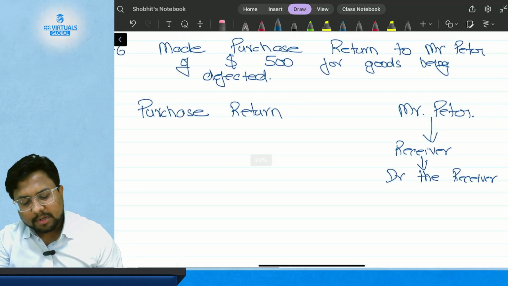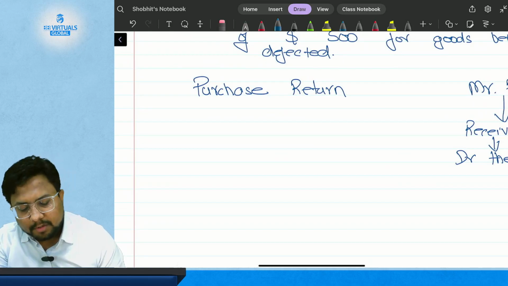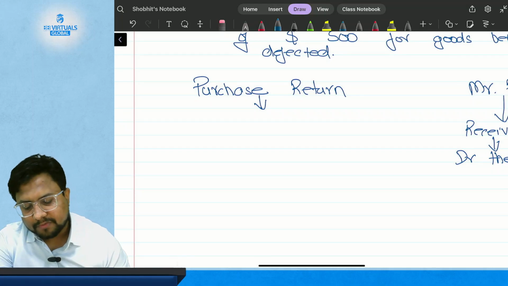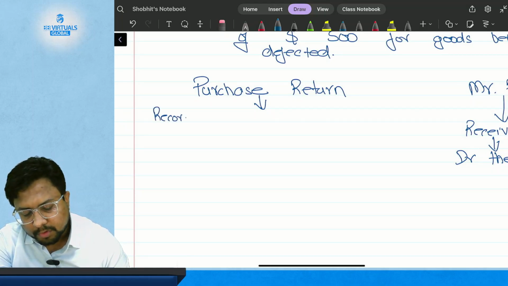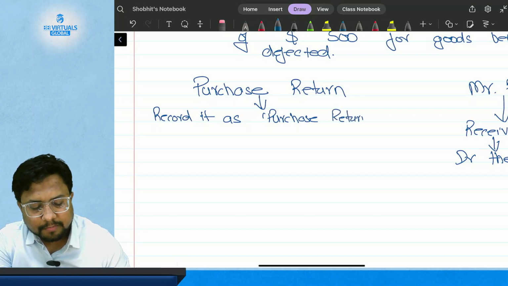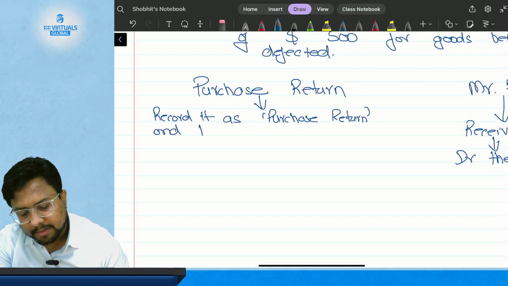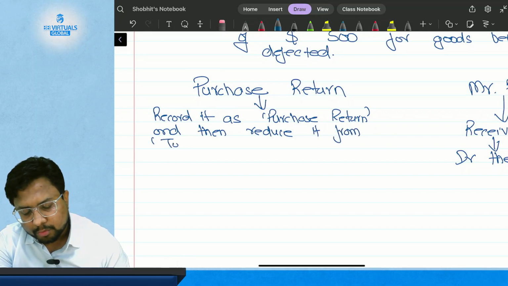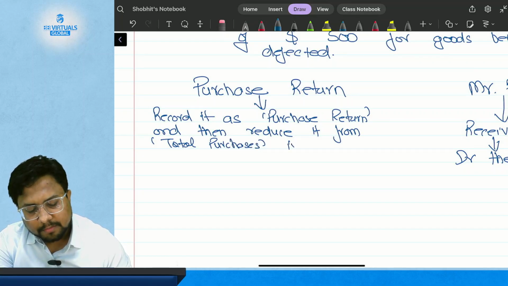Now comes to our another element, that is purchase return. Okay, so just like sale return, it is also the opposite of purchase. So there are two choices. First, record it as purchase return and then reduce it from total purchases in the statement of profit or loss.